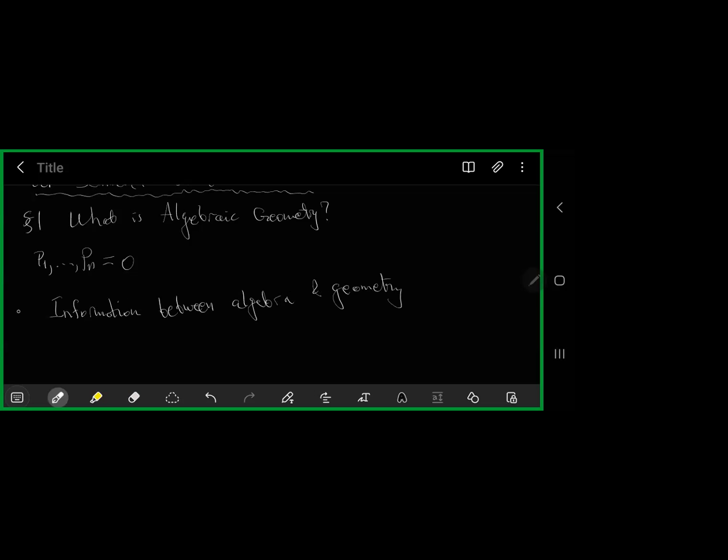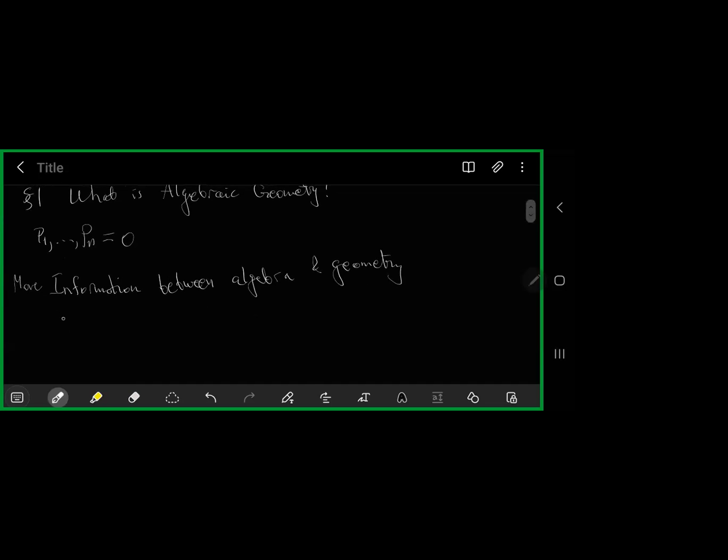And the fundamental objects of interest are called algebraic varieties.